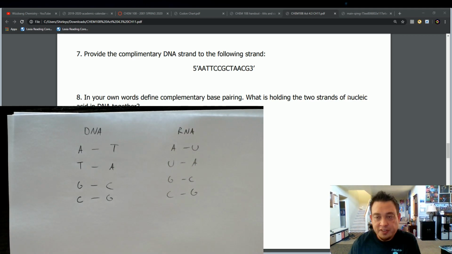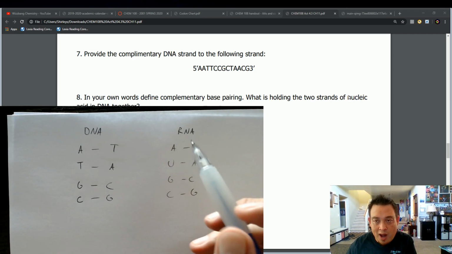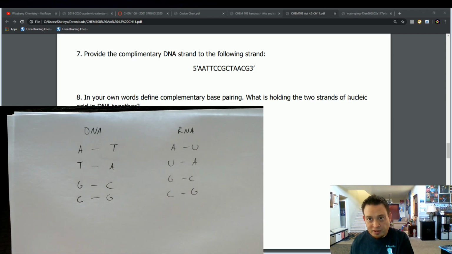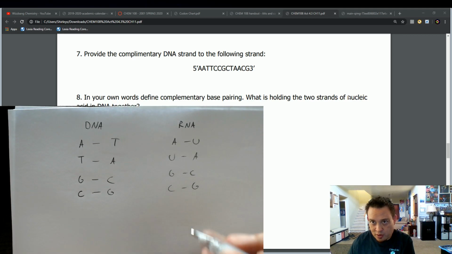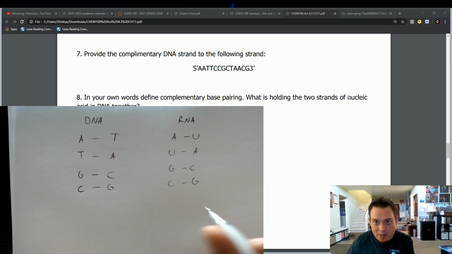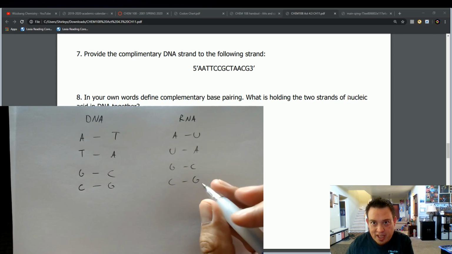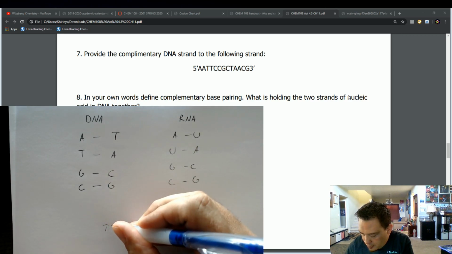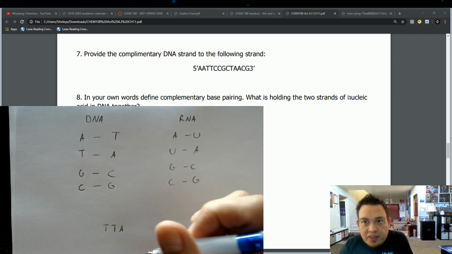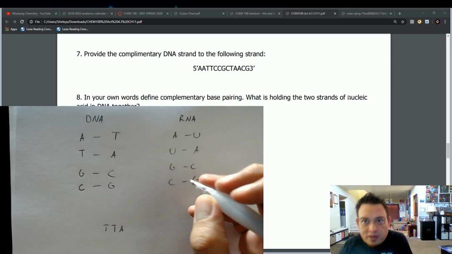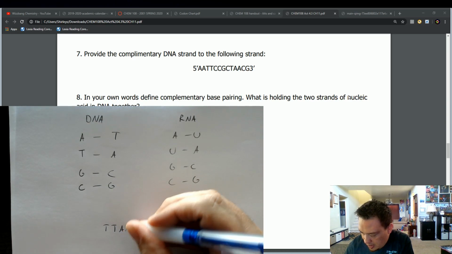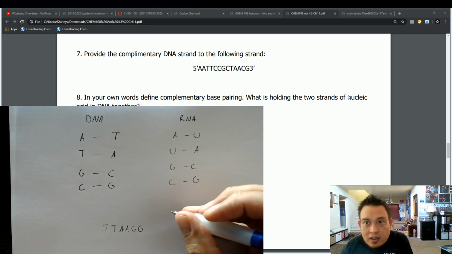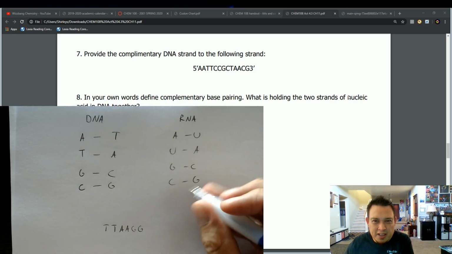All right, so this question here is asking you to draw the complement pair. So you just need to basically write their opposites there, and you also need to specify your ends. So I'll go ahead and copy that chain there. So it's AAT, so it goes TTA, and then TCC, and then C goes to G, G, and then GCT.